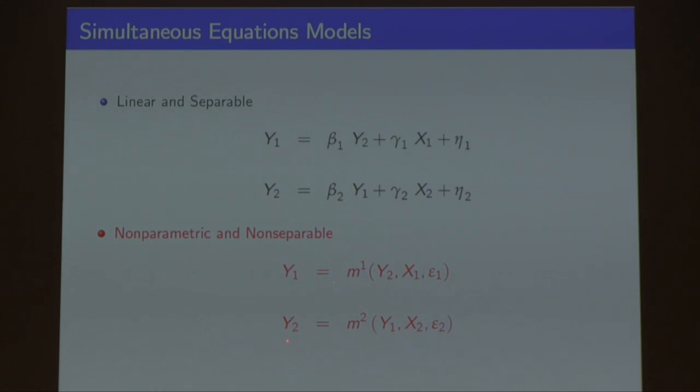So the price that producers want to ask if they have to produce y1, the quantity, given x2, which are the wages or some other input cost, and epsilon 2, which is a productivity shock. So this is the supply equation. And what we observe is the solution of these equations, which are price and quantity as functions of the x's and the epsilons.